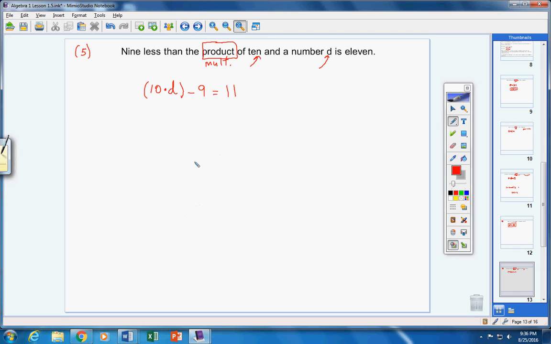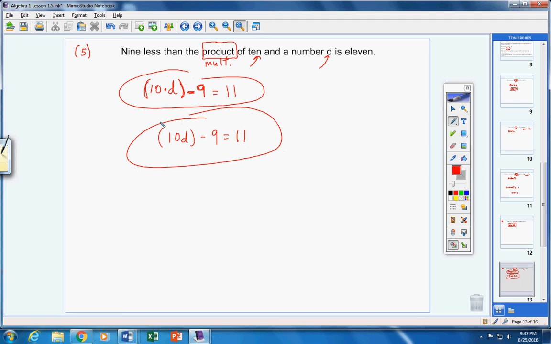Not too bad. 9 less than, so we're subtracting 9. 9 less, so I put minus 9. 9 less than what? A product, so I put parentheses for my product. Now what am I multiplying? The product of 10 and t, so 10 times t equals 11. Now 10 dot t is really 10t, so 10t minus 9 equals 11. I would give you credit for this, or for this, either one.